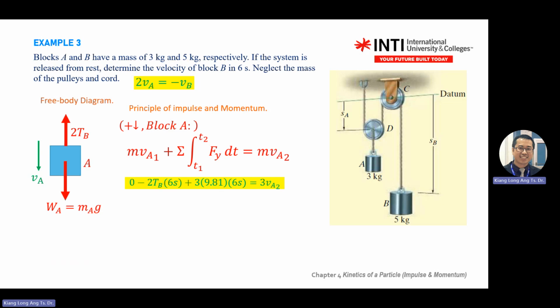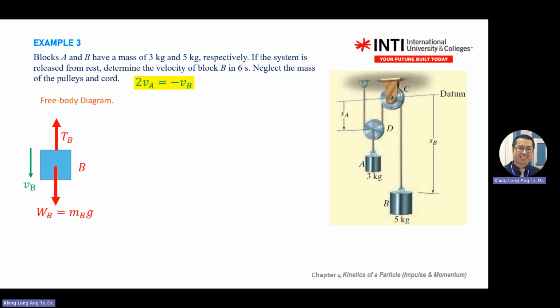Okay, minus 2 TB. Time is given, 6 seconds. And the force, this one is W. M is 3 kilogram, g is 9.81, 6 seconds. And VA2. So here you have two unknowns.